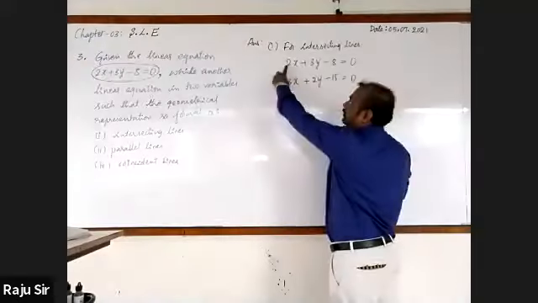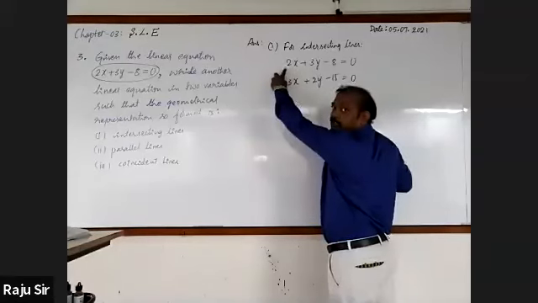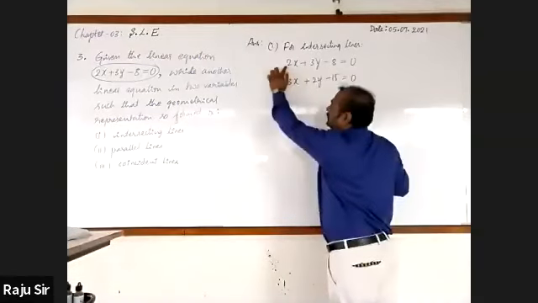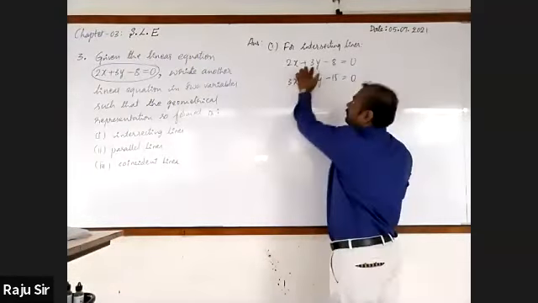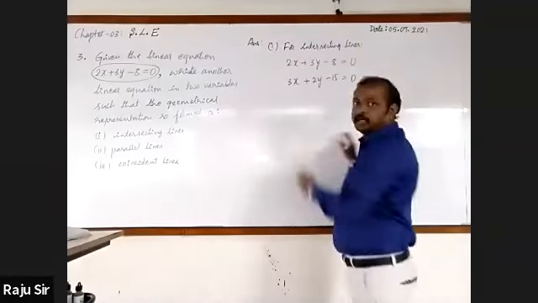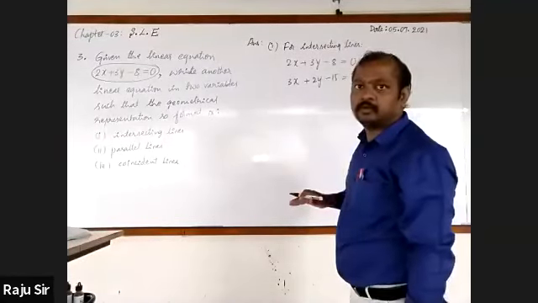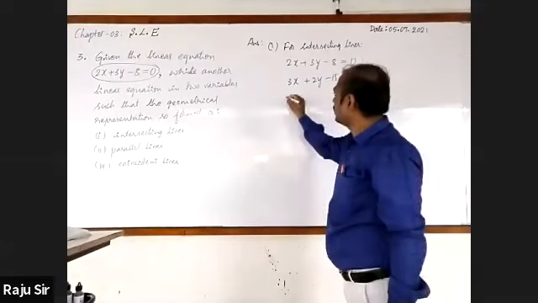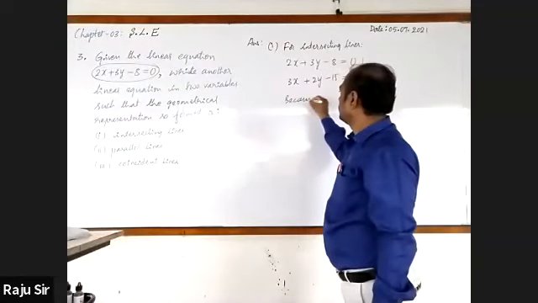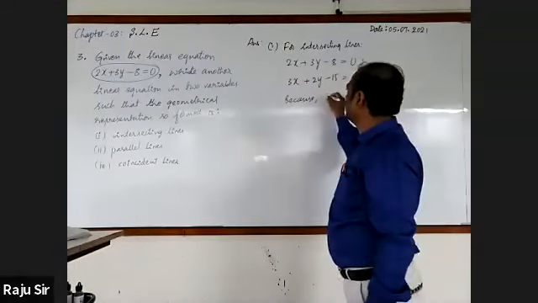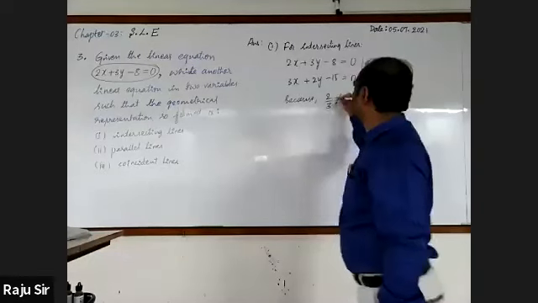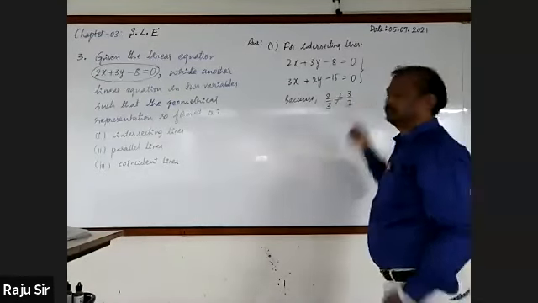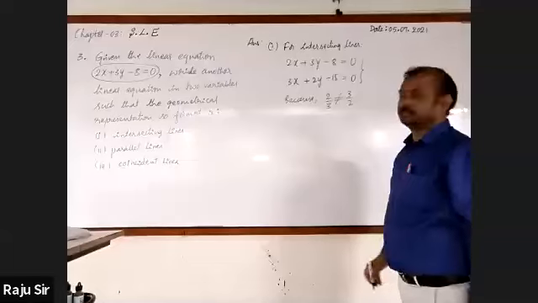Now, if you find the ratios, A1 by A2 is 2 by 3, B1 by B2 is 3 by 2. Are they equal? No, sir. These are the two equations for intersecting lines because 2 by 3 is not equal to 3 by 2. Such a simple one.